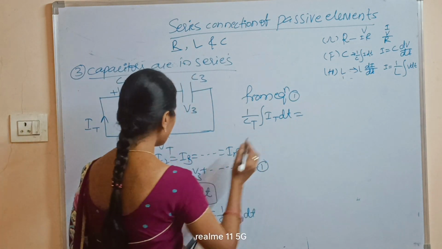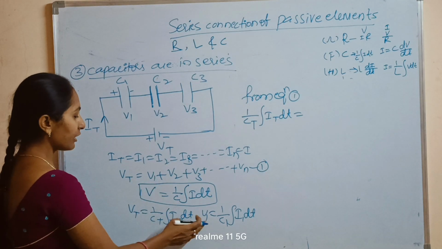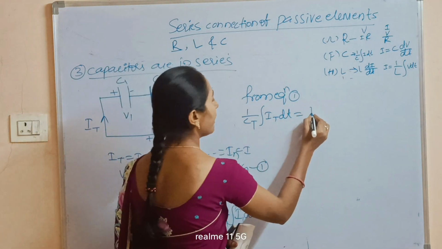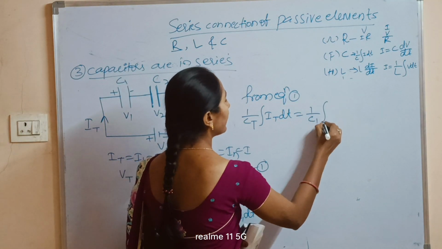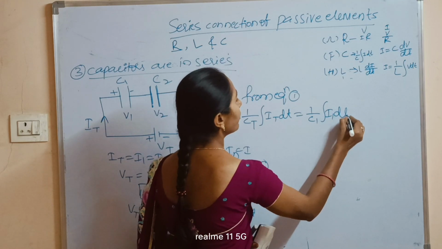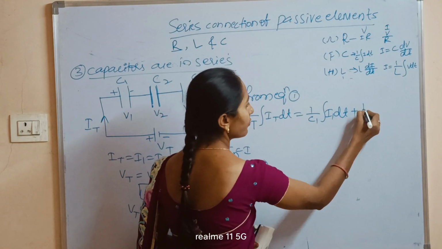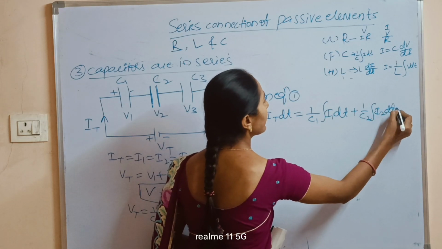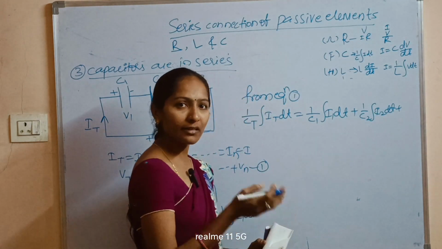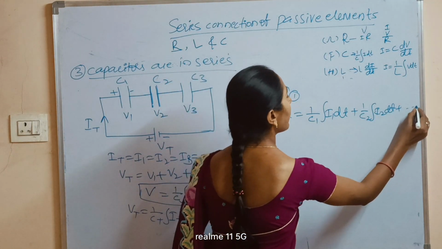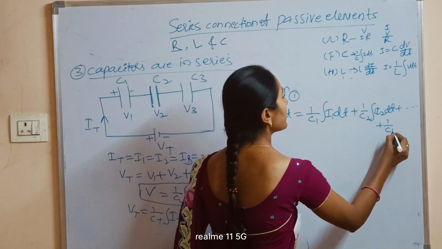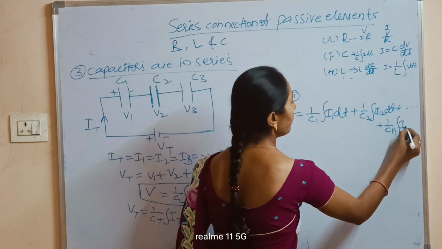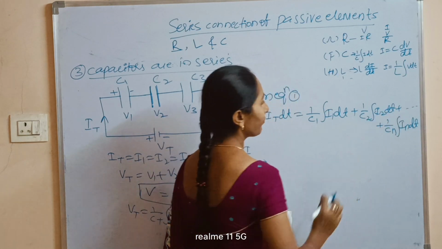Now coming to right hand side, that is V1. V1 is nothing but 1 by C1 into integration of I1 dt. Now coming to C2, 1 by C2 into integration of I2 dt. If n numbers are connected in series, so on, plus 1 by Cn into integration of In dt.